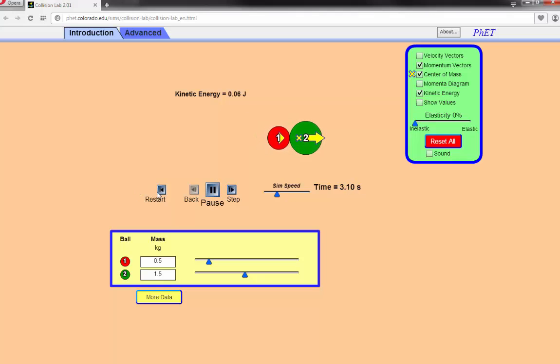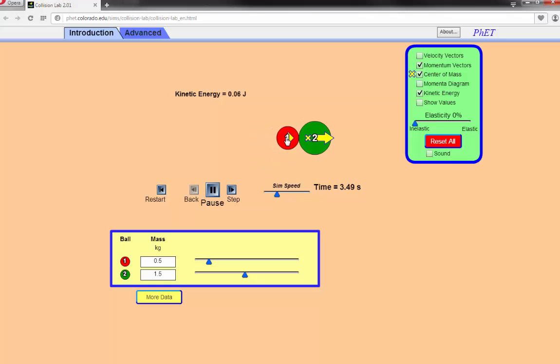And in fact, notice that this little X, the center of mass, if we restart it, continues moving at the same rate that it was before. So what's going on here with this 0% elasticity? What does 0% elasticity mean? Well, in this case, it basically means how much is this one going to rebound off of this one?